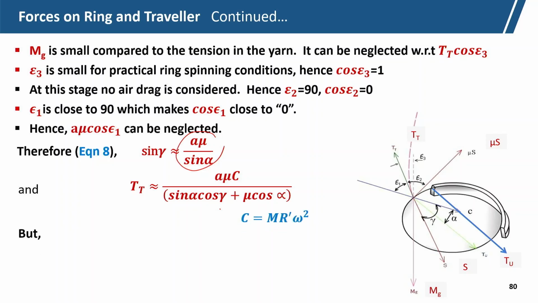And C equal to m r dash omega square. So, we can use this one. So, T t we get T 0 minus, as we derived earlier, half m r square omega square.